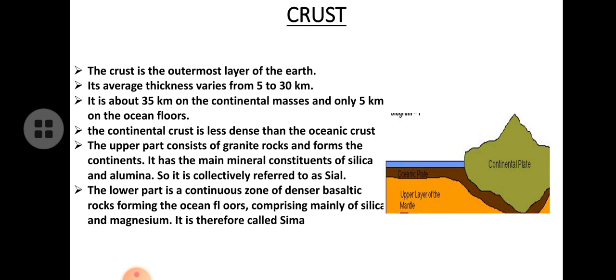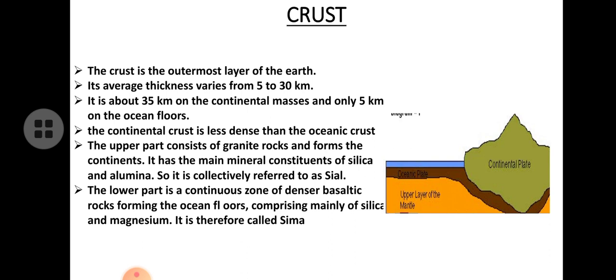So the crust is divided into two parts. One we call continental crust. The other one is oceanic crust. So what is the difference between continental crust and oceanic crust? Continental crust is the land portion of our crust.